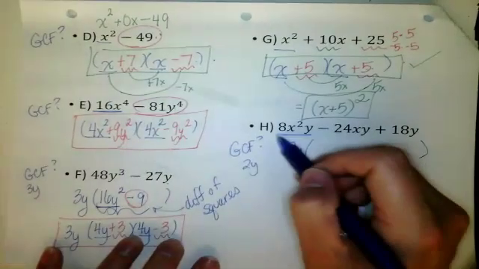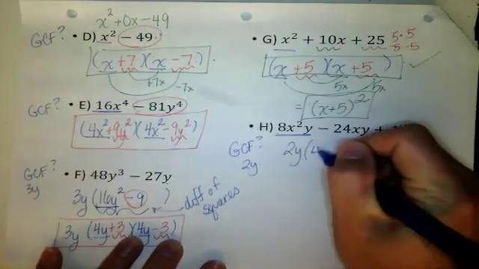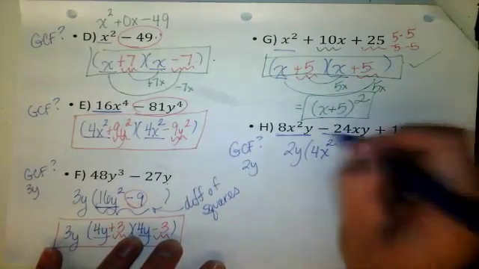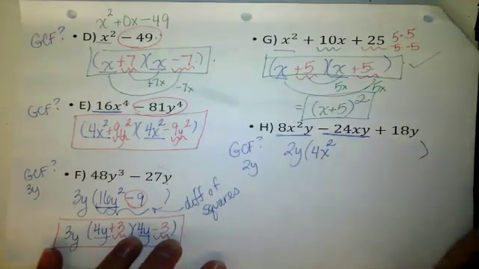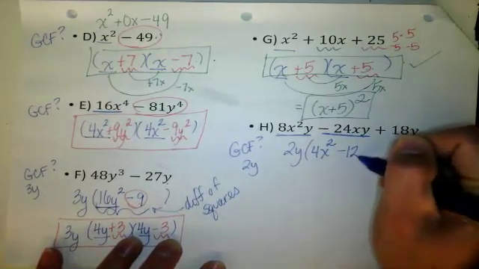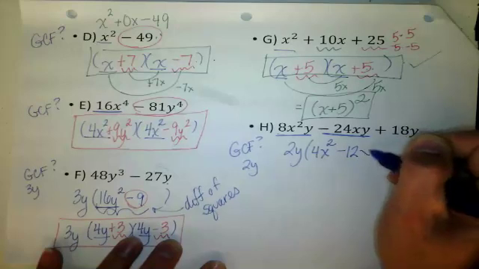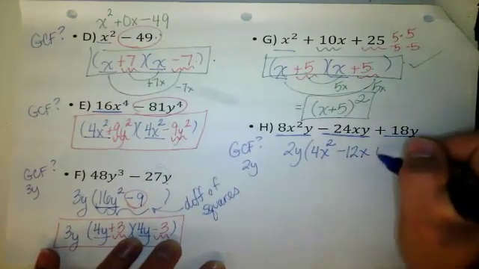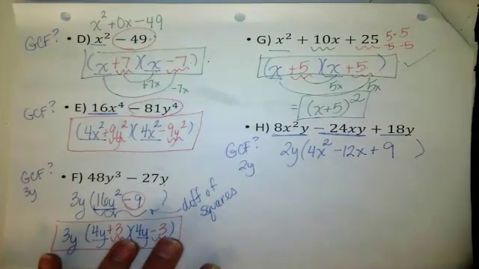What's left behind in the first term? 4x squared. Good. Now in the middle term, take out that 2y. What's left? Negative 12x. And then what's left in the third term? Plus 9.